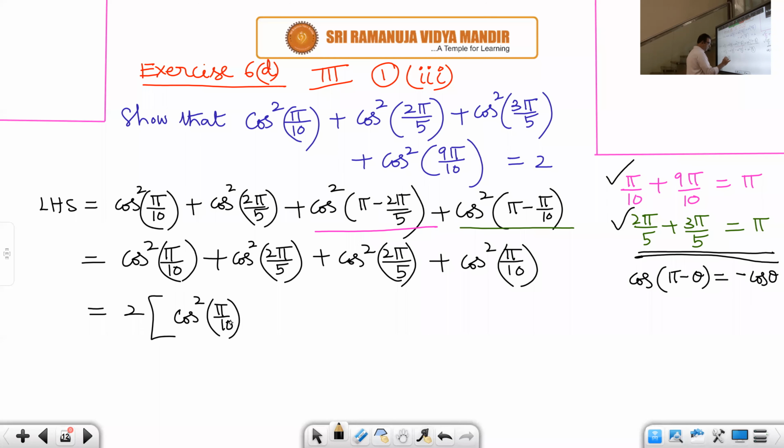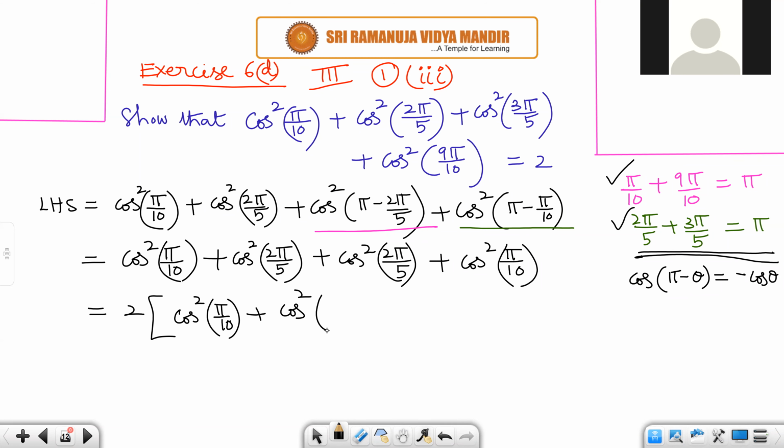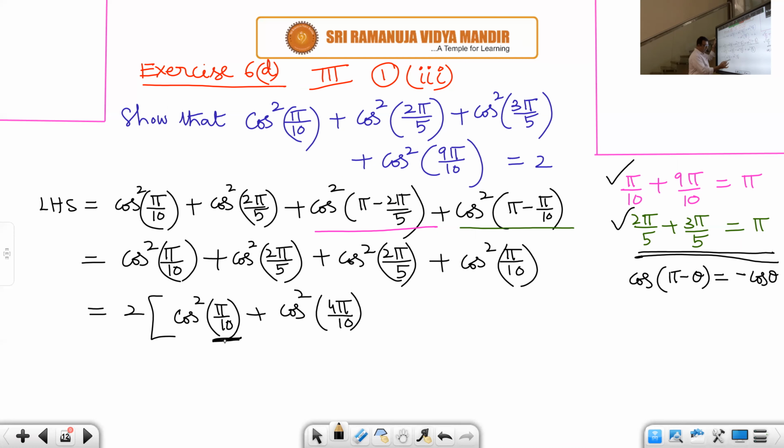If you multiply both numerator and denominator by 2, what happens? 4 pi by 10, sir. Because here it is 10. So that is why I have written 4 pi by 10 there.